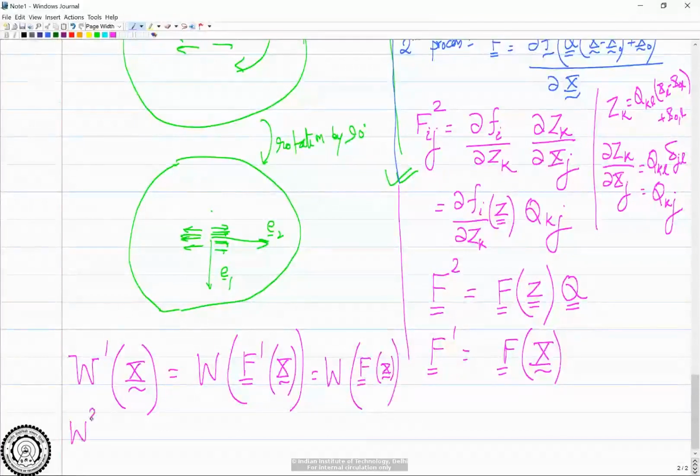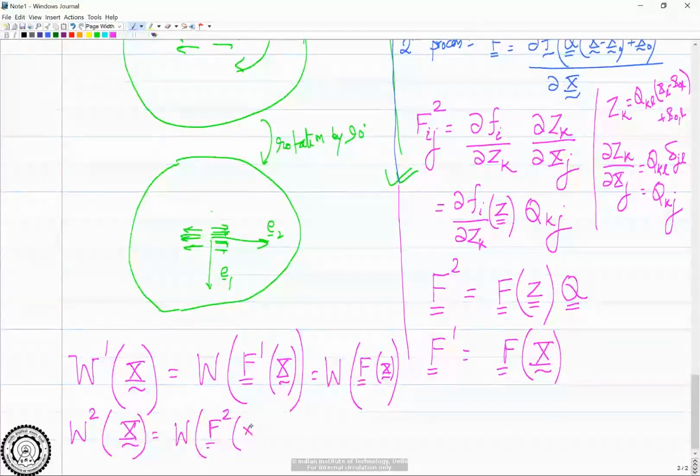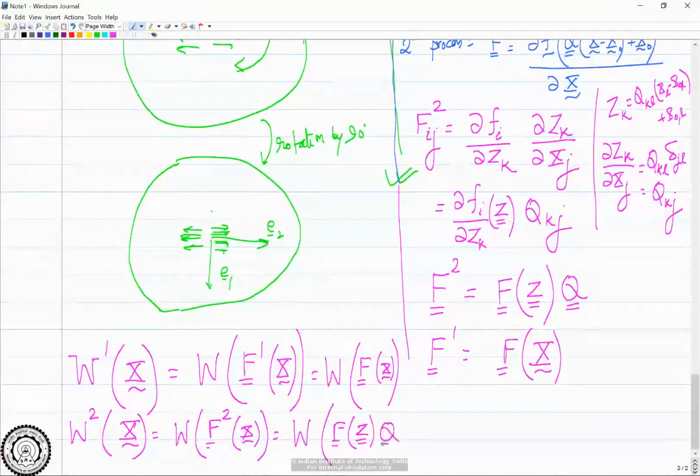Whereas for the second process, W2 of big X is then W of the second deformation gradient F2 at big X, which is actually W of big F at Z into big Q, right?